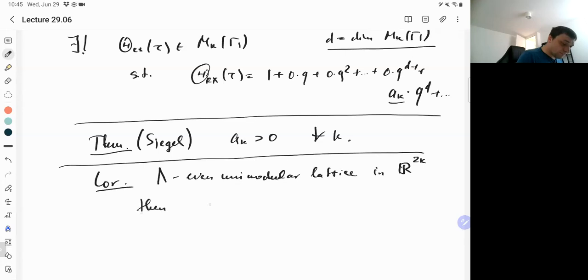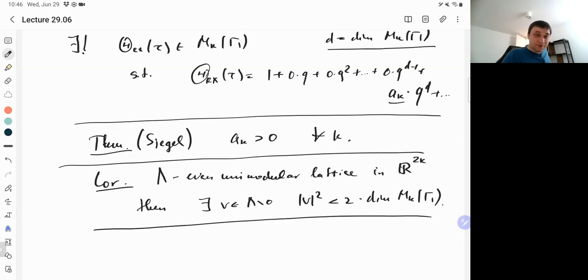Then there exists a non-zero vector whose square norm is strictly less than 2 times the dimension of the space of modular forms. So this actually tells you something very strong.